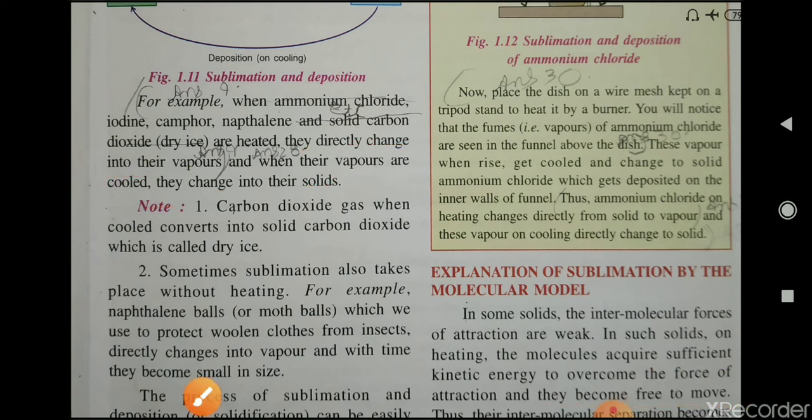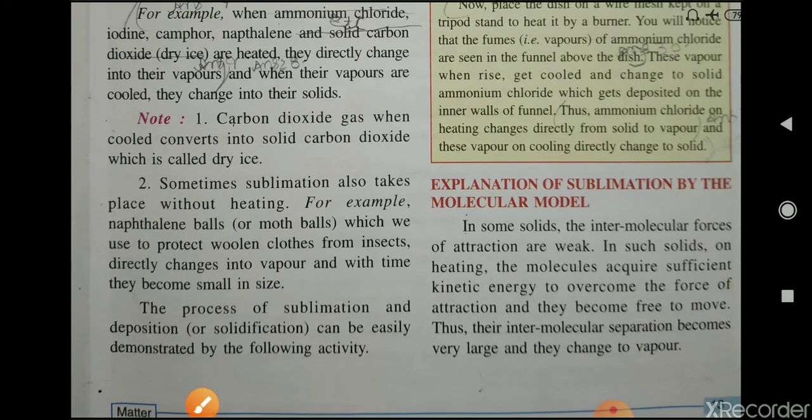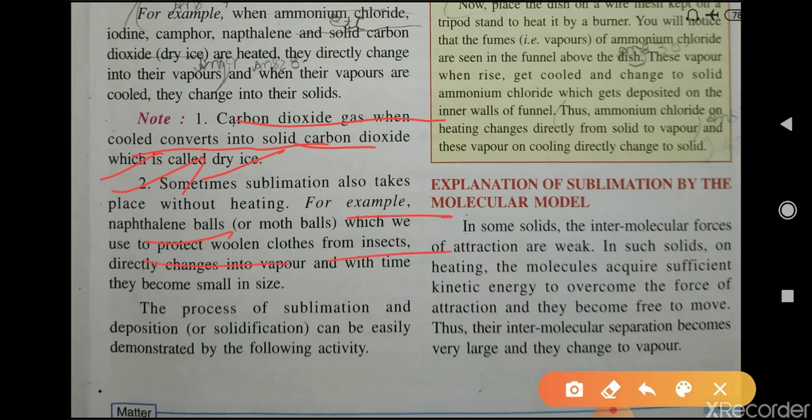Now note, carbon dioxide gas when cooled converts into solid carbon dioxide, which is called dry ice. Sometimes sublimation also takes place without heating. For example, naphthalene balls, which are used to protect woolen clothes from insects, directly change into vapor, and with time they become small in size.